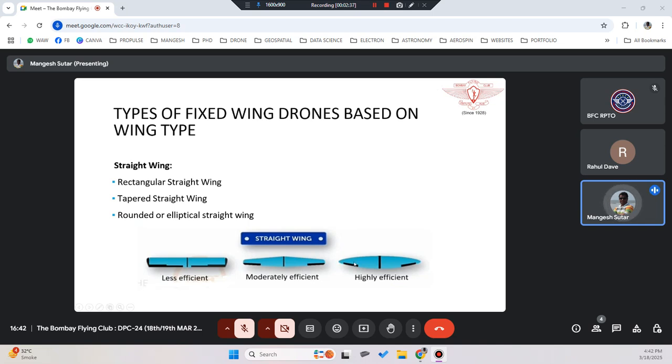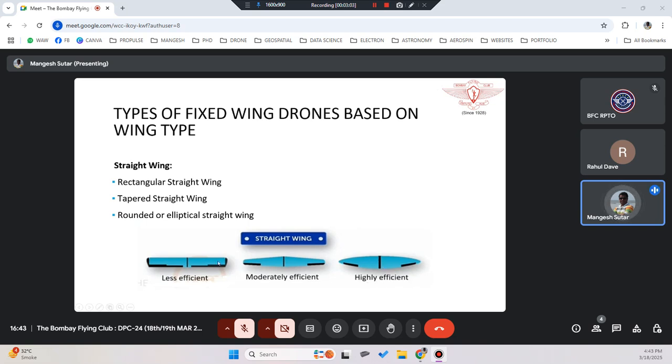But whenever you have a rounded or elliptical shape, you will see that most of the time, more stable aircraft are always elliptical or rounded. If you see the aircraft during World War II, like the Spitfire or Mustang, their wings were more like a round shape, more elliptical kind of thing. So they were more efficient.